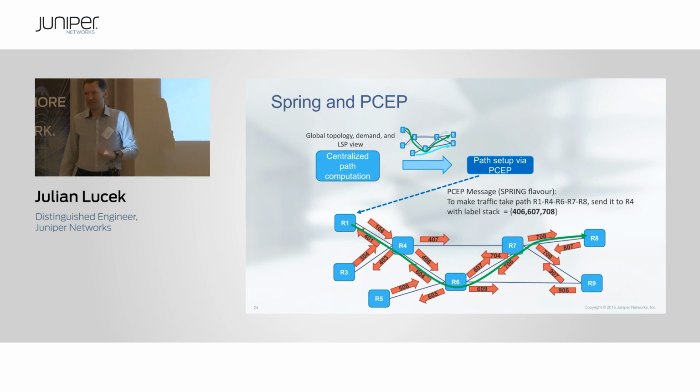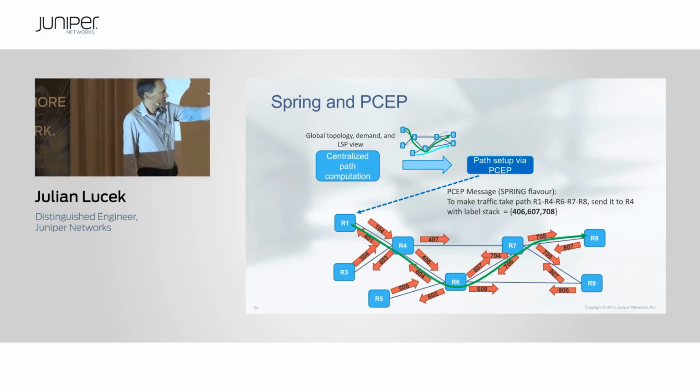NorthStar does a path computation and finds the shortest path that can meet 500 megs of bandwidth requirements. NorthStar then conveys via the PCEP session the request to the ingress router to actually install this LSP. In so doing, the controller is conveying the value of each label in the stack that must be installed in the FIB of R1. In this example, that label stack would be 406, 607, 708.